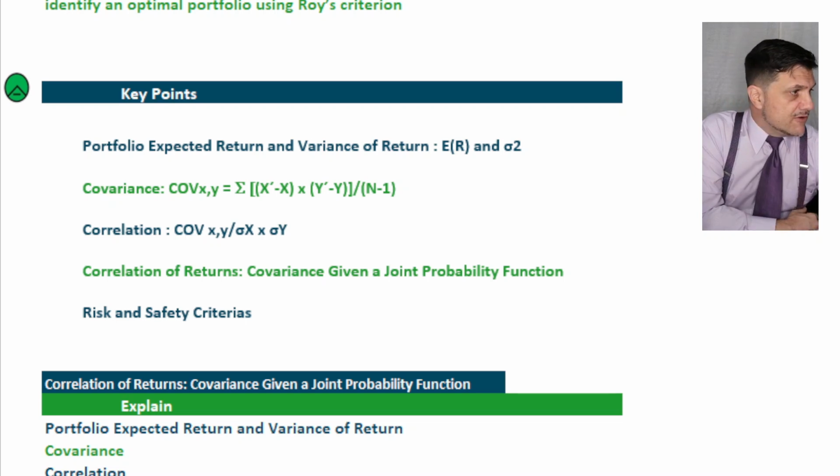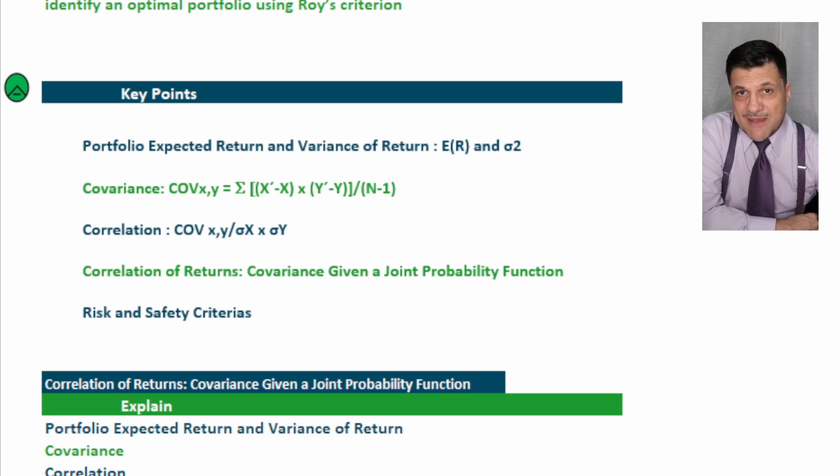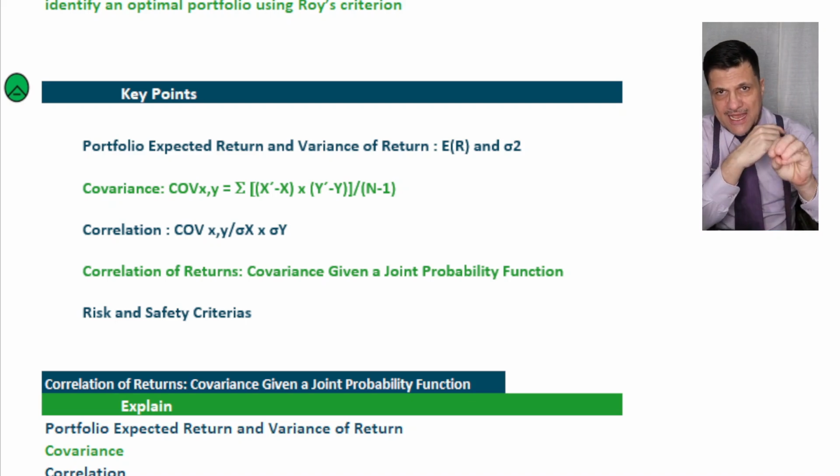Look at the form of the covariance, right? Covariance is always two elements, so A and B, X and Y. Here I have X and Y each being subtracted from their respective means, the respective averages. So that's X minus X bar, the difference between X and the average, the expected X. And the Y is the same deal.